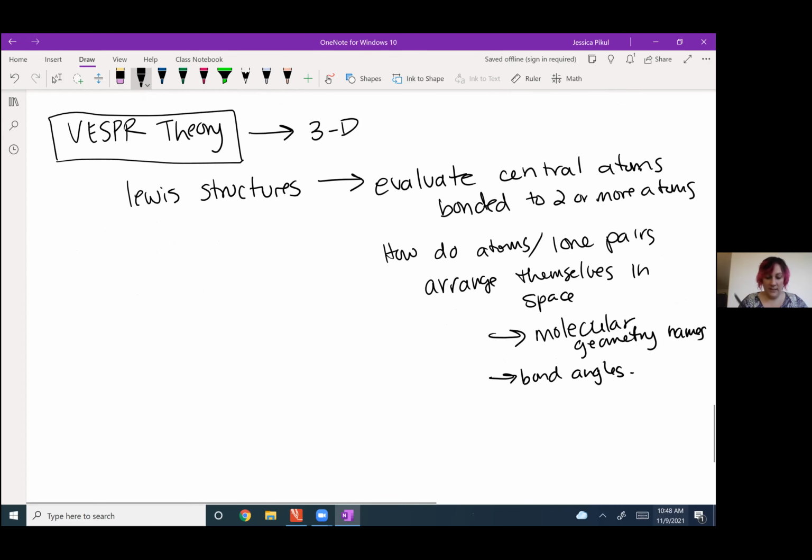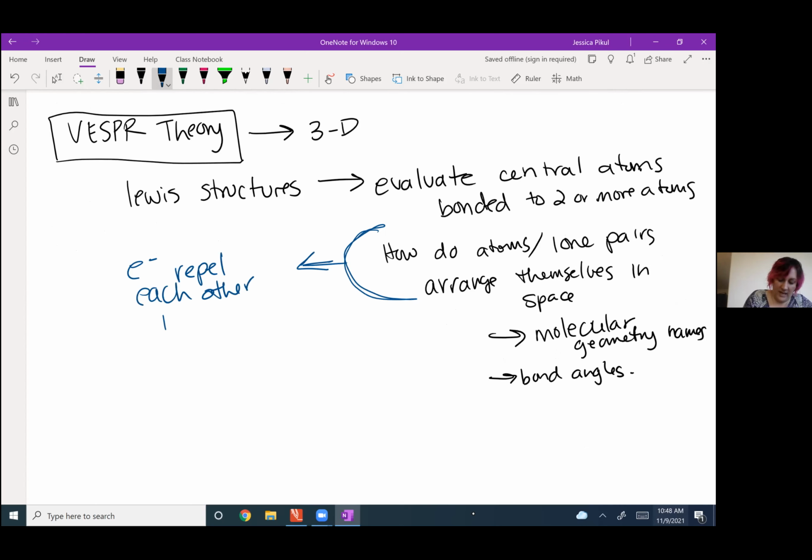The key idea for this question of how they arrange themselves in space is that anything that has electrons will repel each other. So the electrons are going to repel each other. That means that lone pairs and bonded atoms are going to try to get as far apart from one another as they can.